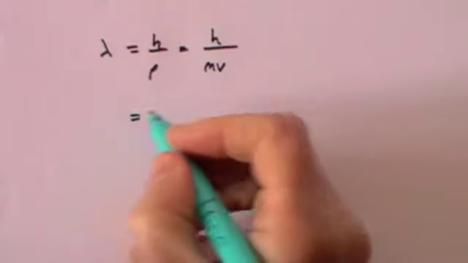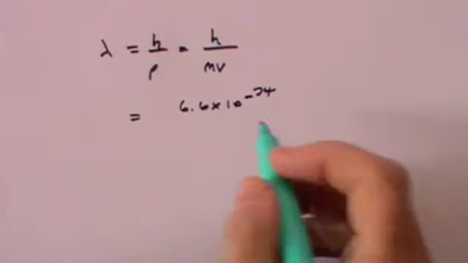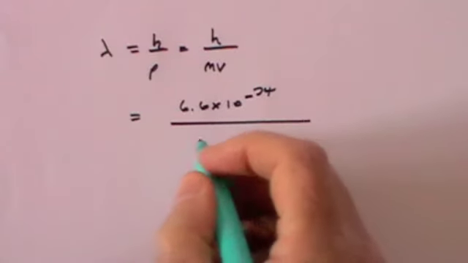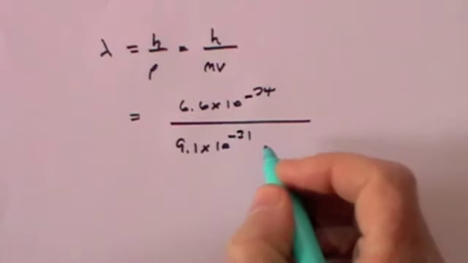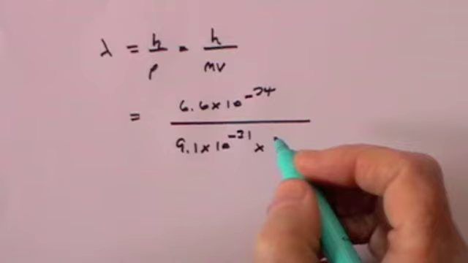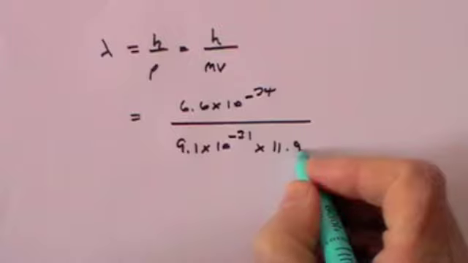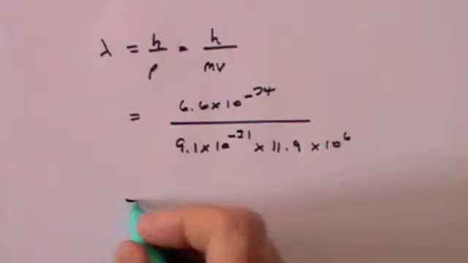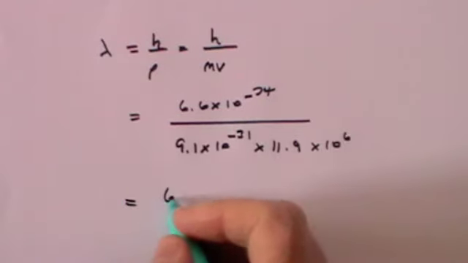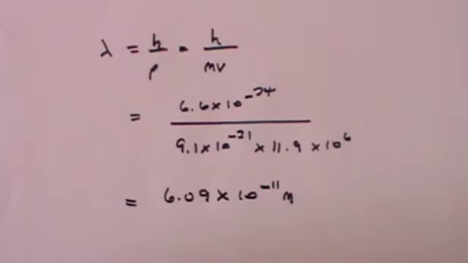That is going to be equal to h, which is 6.6 times 10 to the minus 34, divided by the mass of an electron, again, you'll be given that, 9.1 times 10 to the minus 31, times the velocity, which we just calculated, which is 11.9 times 10 to the 6 meters per second. And if you put that into your calculator, you should get that that comes to 6.09 times 10 to the minus 11 meters. That's the wavelength of the electron.